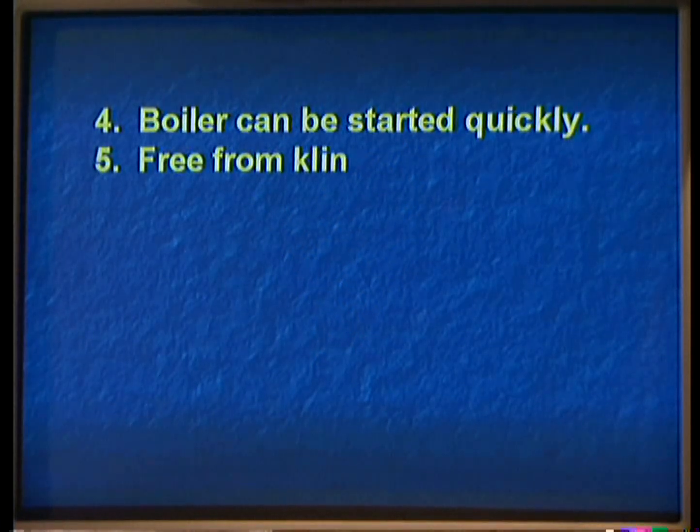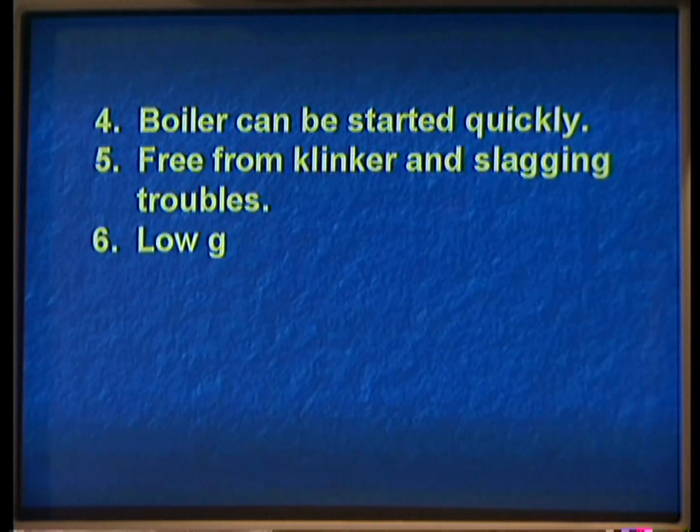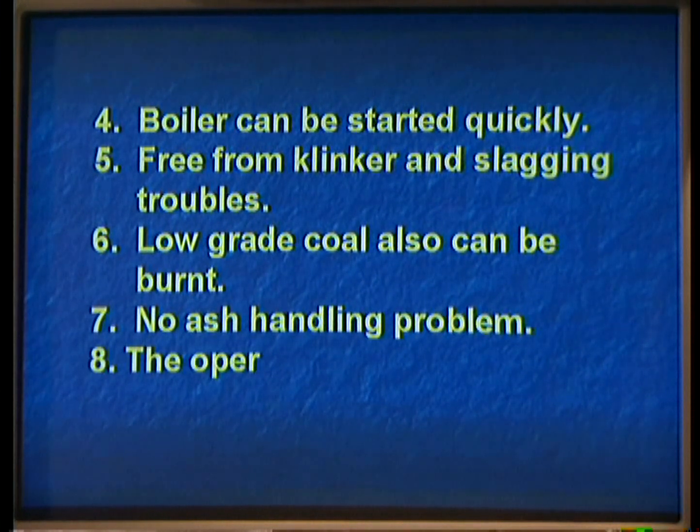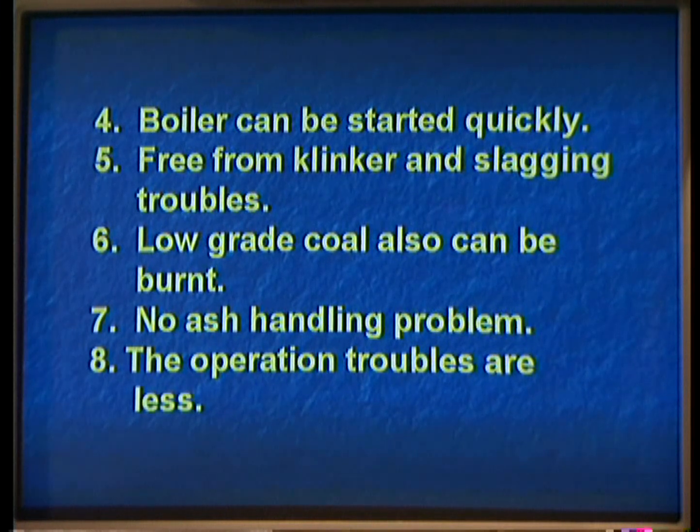Next, the fourth advantage, you can see here, the boiler can be started quickly. Yes, coal combustion takes place very quickly, no time is taken to burn. And the fifth one, free from clinkers and slagging troubles. Yes, we have already separated the unwanted things by magnetic separators and other separators, so where are the clinkers?